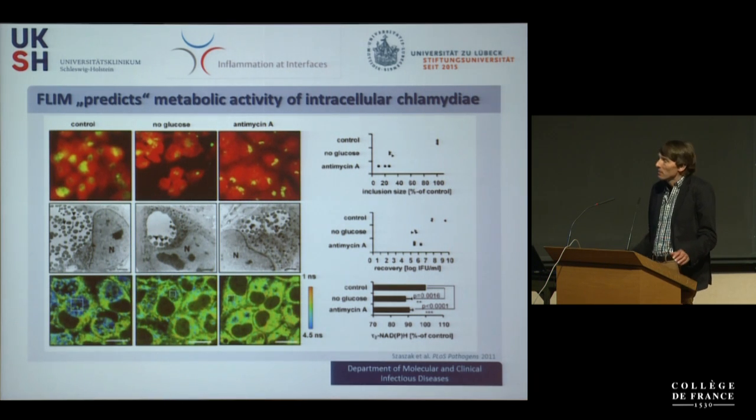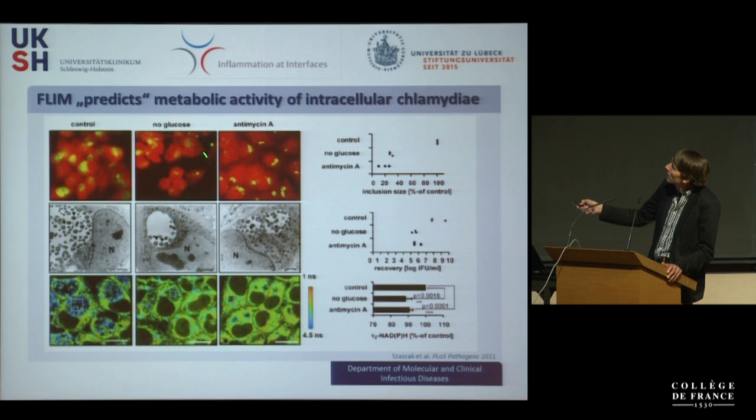And now, as I said before, it's so important to really validate that with your functional systems, to really see that it has something to do with metabolism. It's not maybe an indicator for other mechanisms which underlie this autofluorescence. And therefore, we applied different conditions. So we had the control, where we saw a nice increase in the fluorescence lifetime.